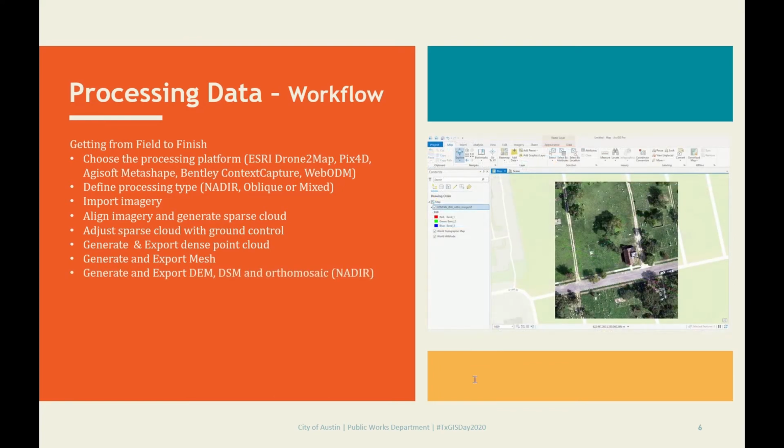At the end, you can generate a DEM, DSM, or orthomosaic, a nadir, and they will be generated using the mesh as a source, and the DSM and the DEM will be generated using the dense point cloud.